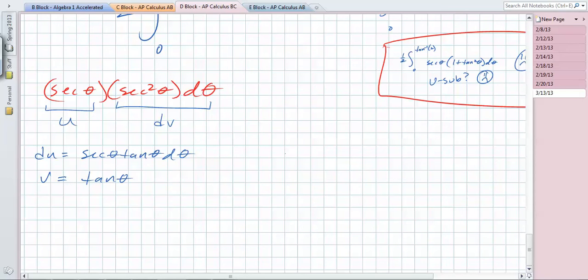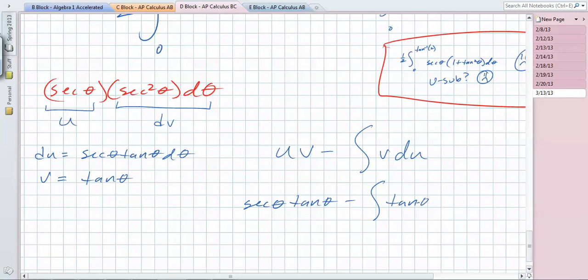So now this is going to be equal to u times v minus the integral of v du. So what's u times v? Secant theta tan theta, minus the integral of, well, hold on, it's v du, right?